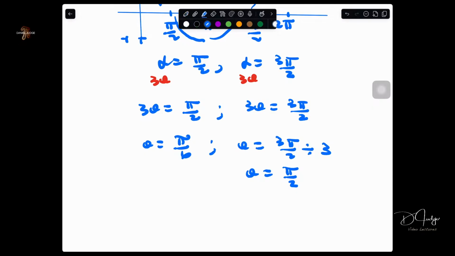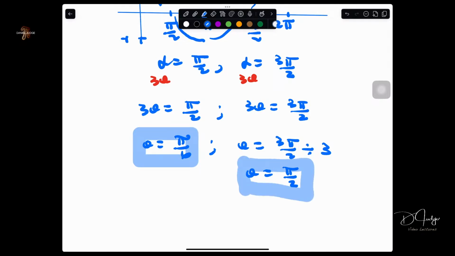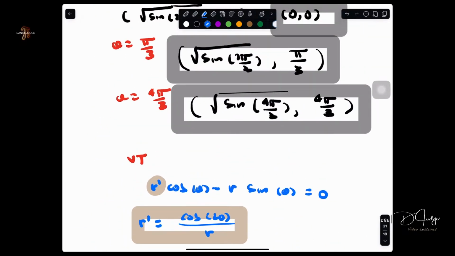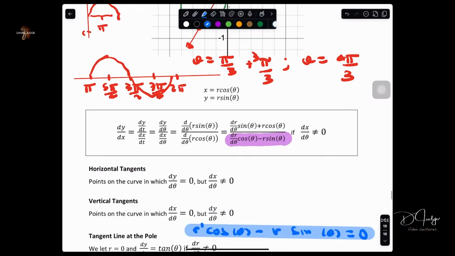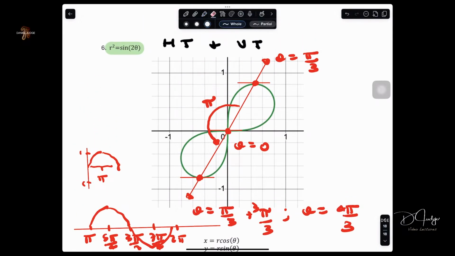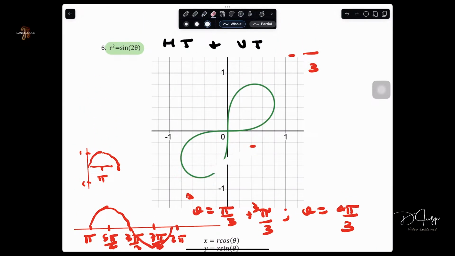So let's be careful now again. Let's go back to the domain of your lemniscate. Okay, so we're going to say these are the two answers. But if I go back to the domain of the lemniscate, pi over 6, pi over 2. We have a vertical tangent over here. It's pi over 6.